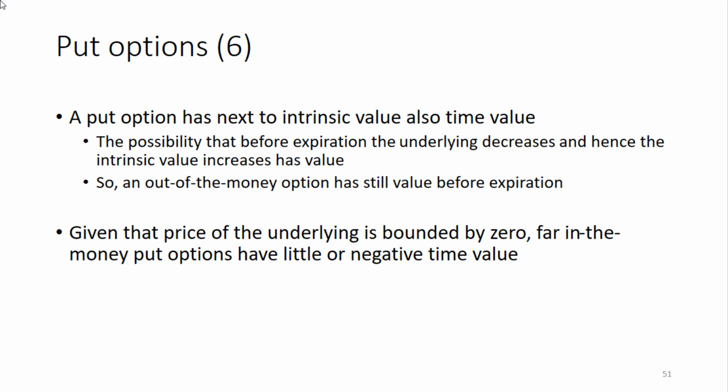So that also means that if there is an out of the money put option, so the intrinsic value is zero, then there is still time for the option to get positive value, and that's why put options still have positive values even if they are out of the money, when the expiration moment is not there yet.